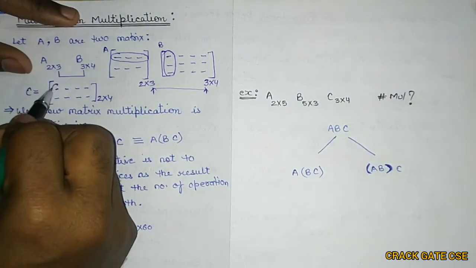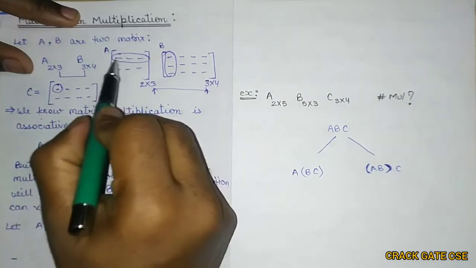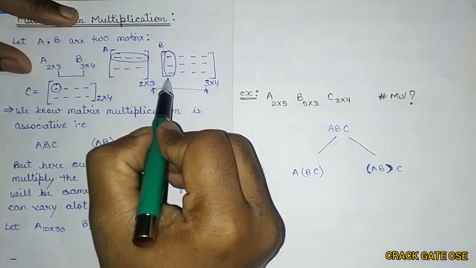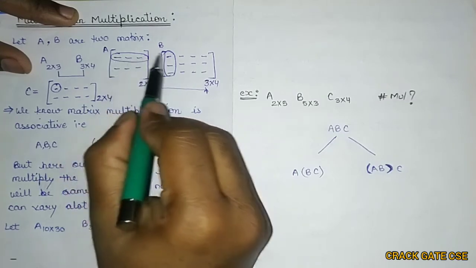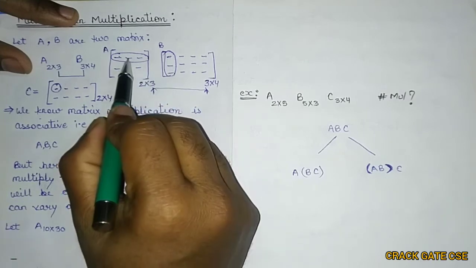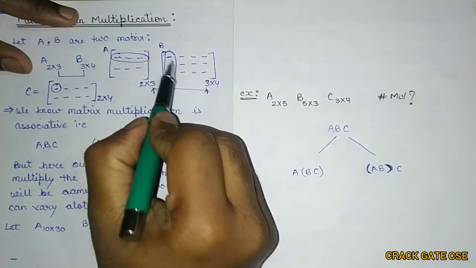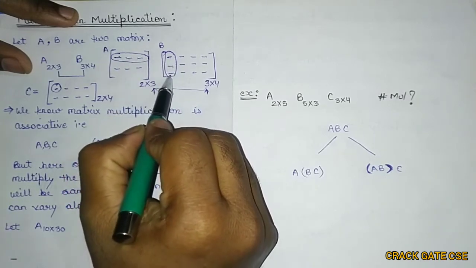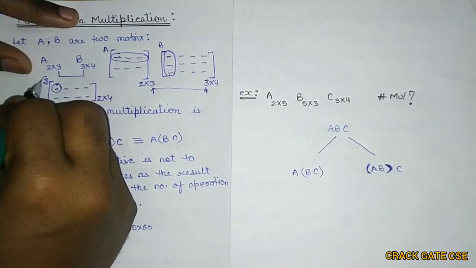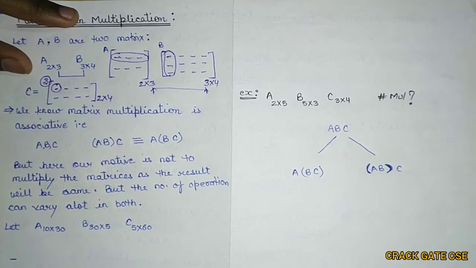For this particular one value of C, this complete row gets multiplied with this complete column. So how many multiplications are there? The first element will be multiplied with first, then second with second, and third with third. To get one element, we have to do 3 multiplications.